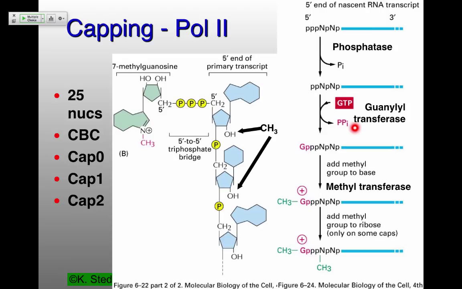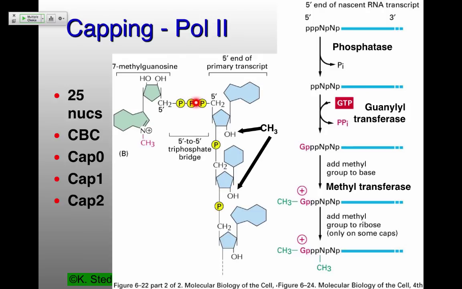Took me about 3 years to figure out how to pronounce that properly. Whereby you get a GTP, which through classic mechanisms that we've heard about multiple times now, loses pyrophosphate, then a pyrophosphatase will cleave that, and this GTP now hooks up to the end right here.